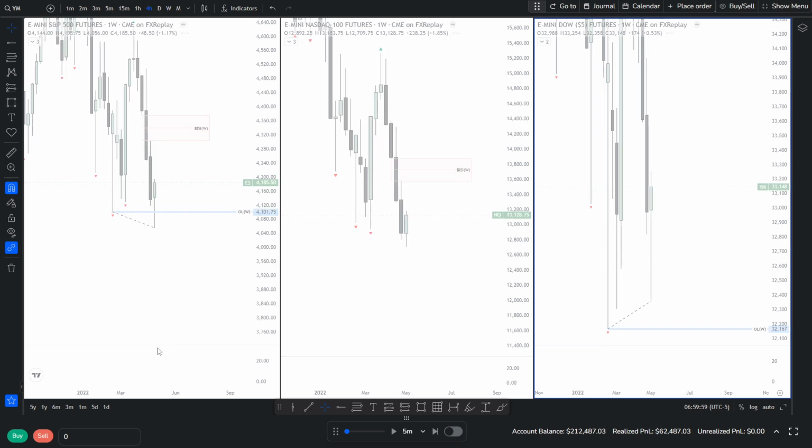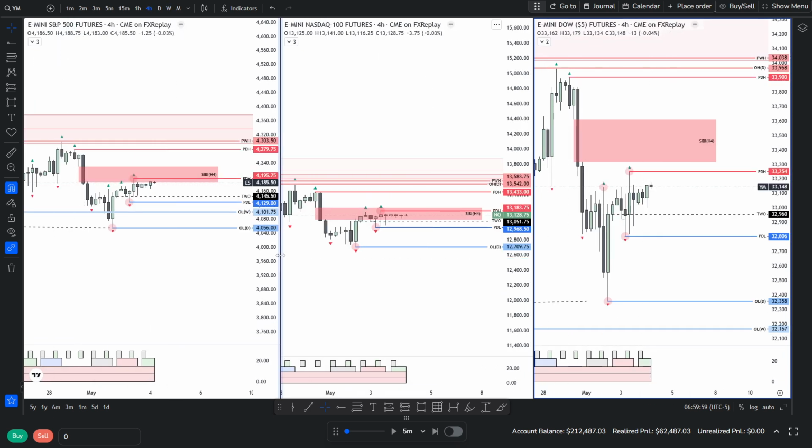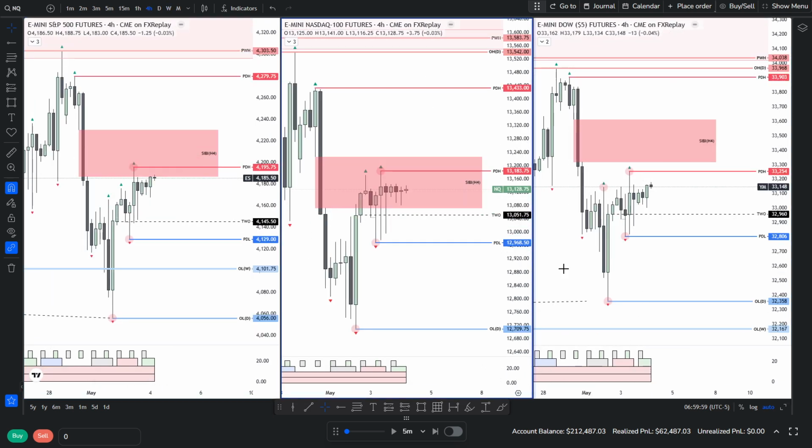Down to the 4 hour. So I have noted the clean and clear swing points referencing the previous day's high and previous day's low, where near-term liquidity would reside.